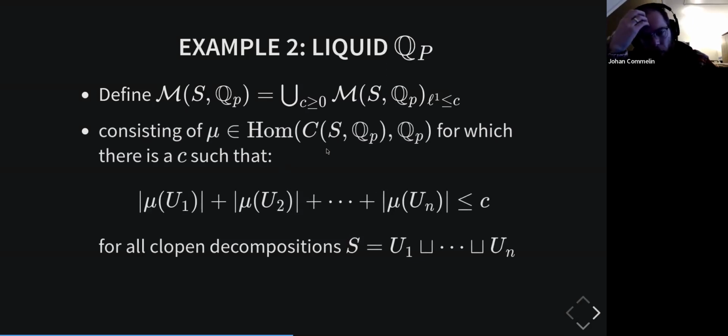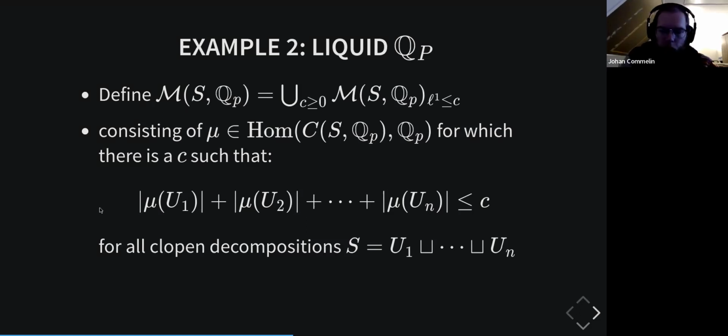We take continuous functions from S to QP and linearly map them to QP. And now we take those linear functions for which, whenever you have a Clopen decomposition of S into n subsets that are closed and open, then you can look at the indicator functions again, and you apply mu to those indicator functions.